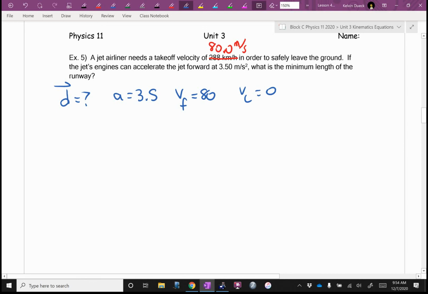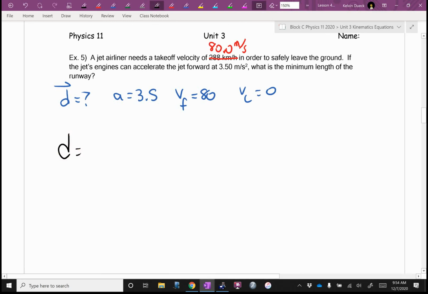Okay. Donald, which equation? Can you read it to me? Stop. It is VF squared equals VI squared plus 2 A D. Get the D by itself, please. I'll give you a hint.